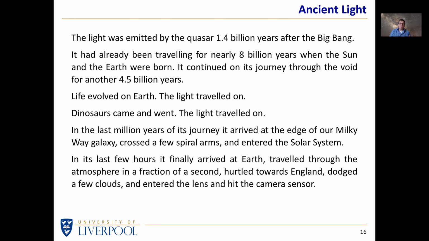In the last few hours of its journey, it finally arrived at Earth, traveled through our atmosphere in a fraction of a second, hurtled towards England, found its way towards the Wirral, dodged a few clouds, entered the lens and hit the camera sensor and produced that image that we saw a few slides ago. Just a pixel, but what a journey.